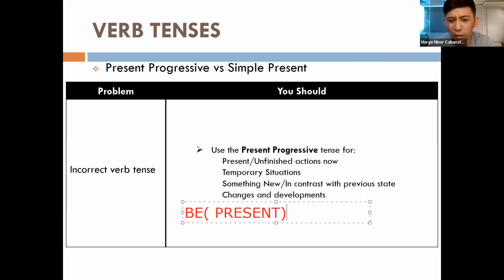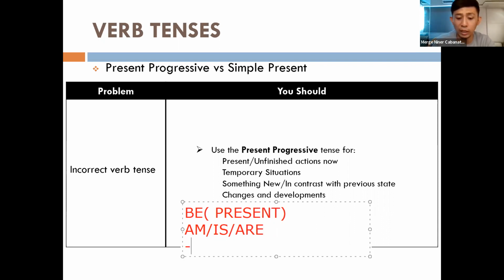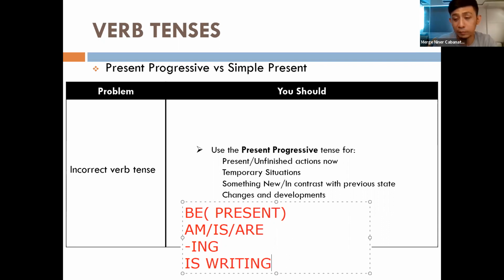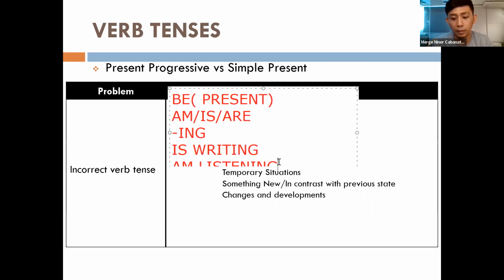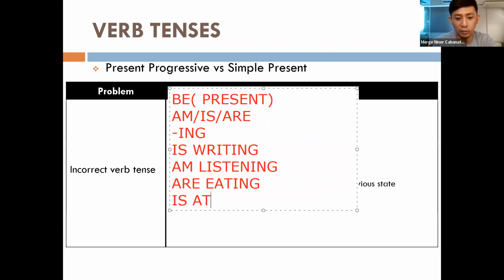So huwag nating paligoy-ligoyin pa. Mamimili ka sa am, sa is, at saka sa are. And then, yung verb mo, dadagdagan mo siya ng ing. Halimbawa, is writing. Am listening. Are eating. Is watching. Yan.